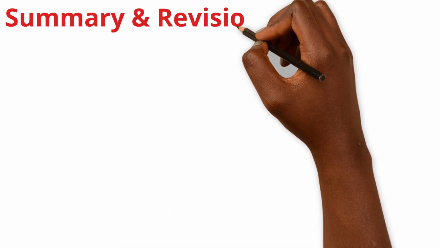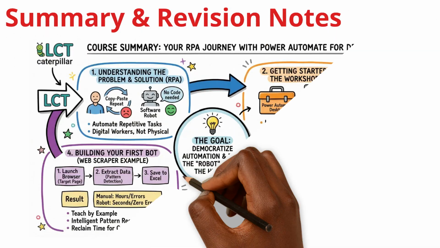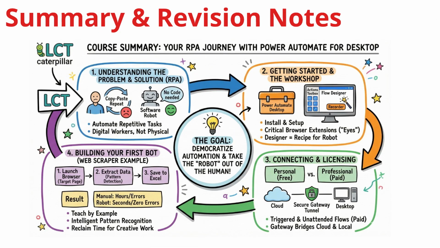Let's summarize your RPA journey with Power Automate for Desktop. We began by identifying the problem of manual repetitive tasks and introducing software robots as the no-code solution. Next, we got you started in your digital workshop, installing the tools and crucial browser extensions that serve as your robot's eyes.